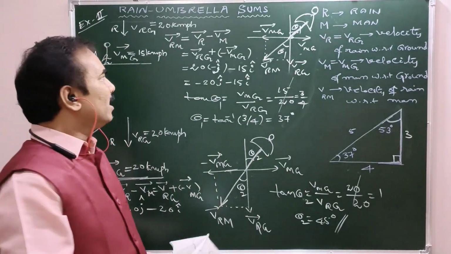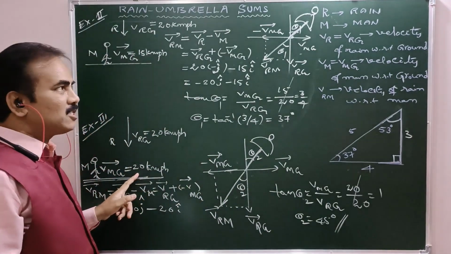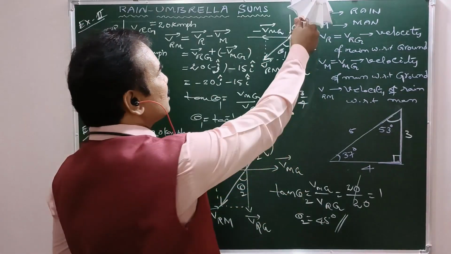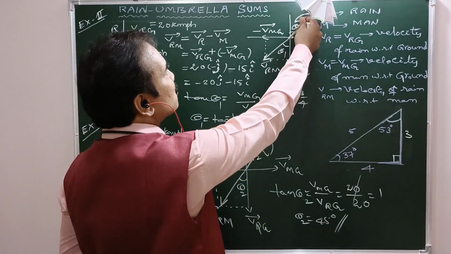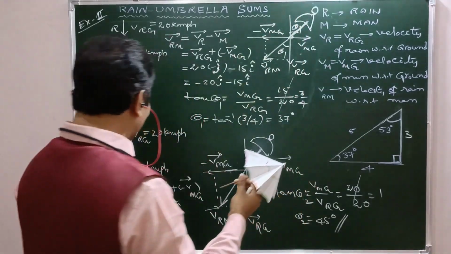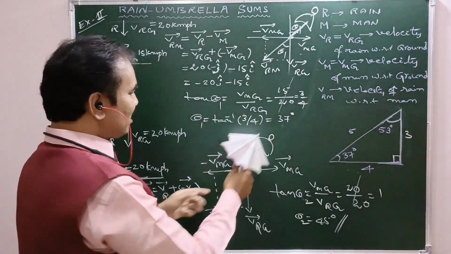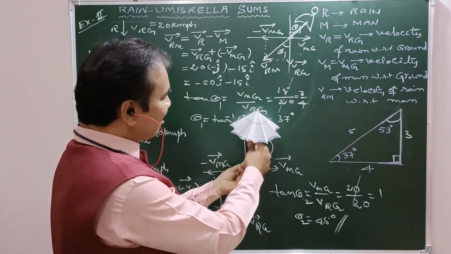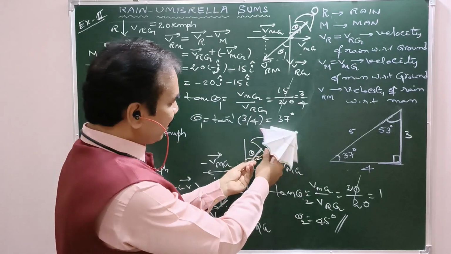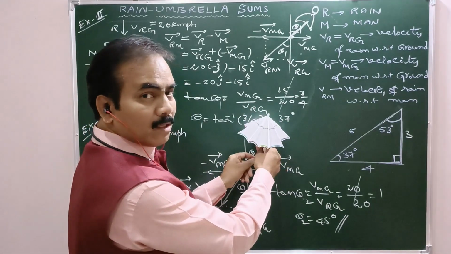So in the first case 15 kmph, in the second case 20 kmph. In the first case, this is the position of the umbrella if he wants to keep the rain away, making an angle 37. Now in the second case, as velocity increased from 15 to 20 kmph, he has to tilt the umbrella further in the same plane, from 37 to 45.